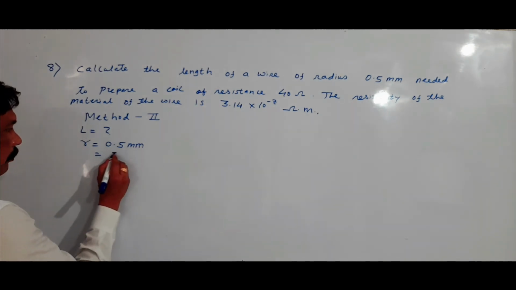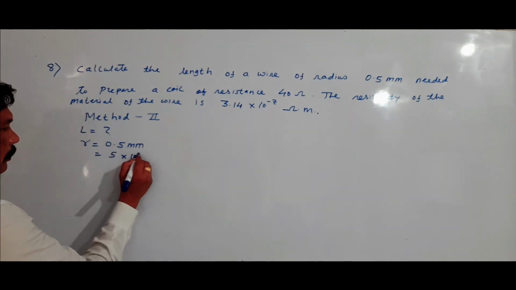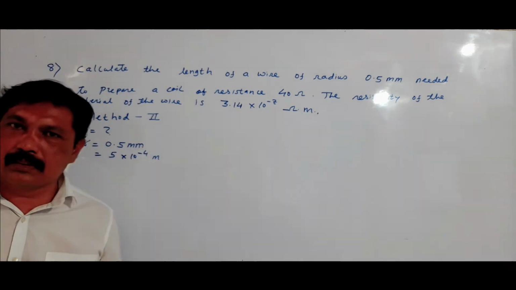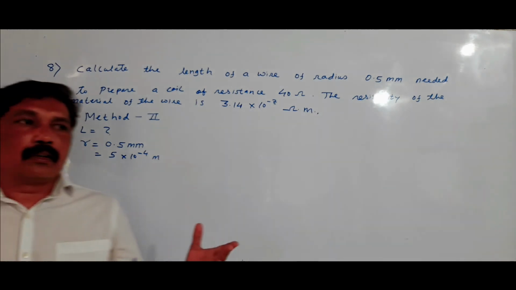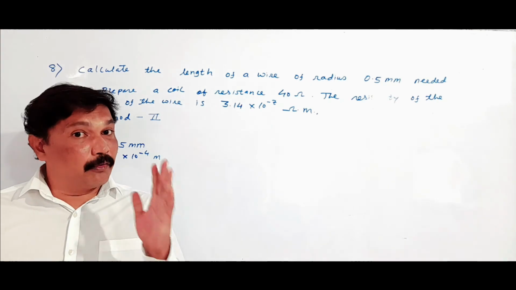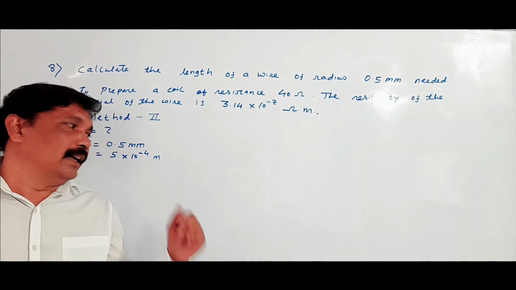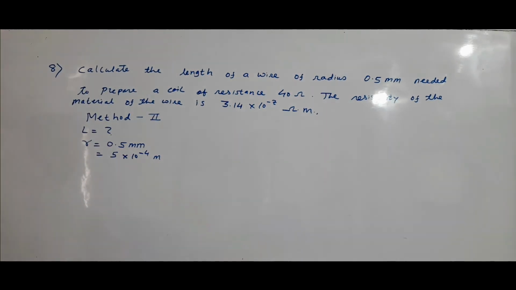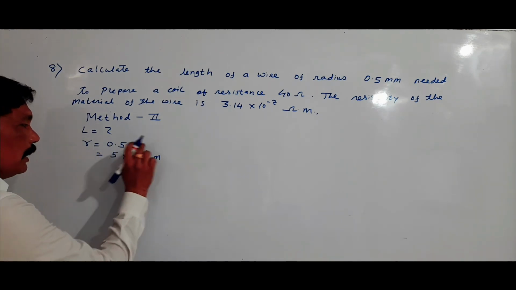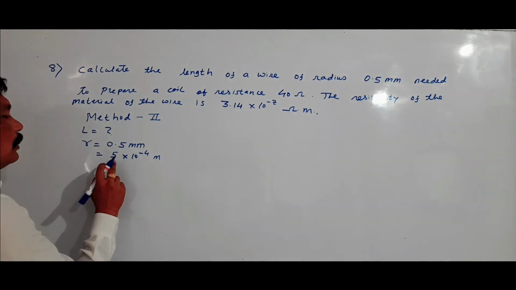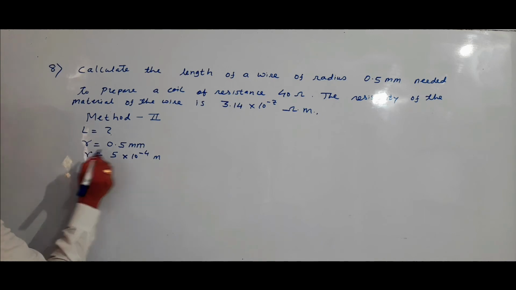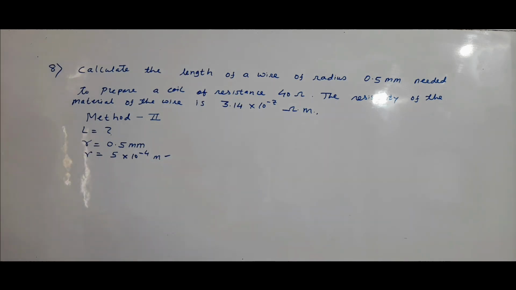So this will become 5 into 10 to the power minus 4 meter. My dear student, if your math is good and you are strong in the basic concept of math and the formulas are learned, you can directly write millimeter into meter. So the radius given to us is 0.5 millimeter, which is equal to 5 into 10 to the power minus 4 meter. So millimeter we have converted into meter.